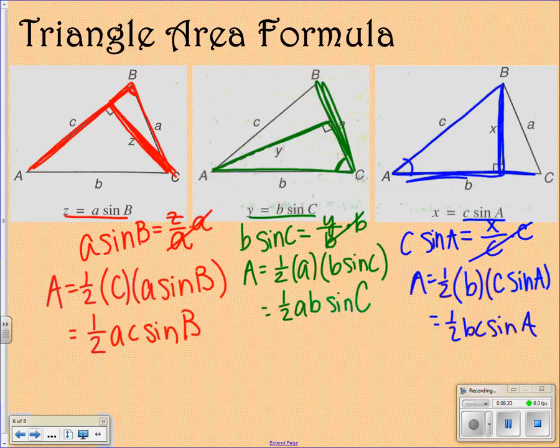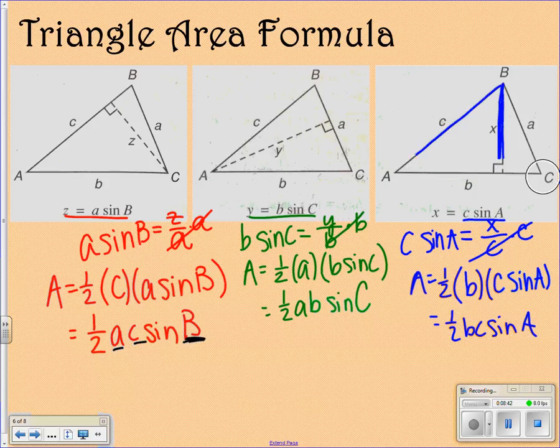And so the formula is going to be 1/2, pick 2 sides, doesn't matter, and then the sine of the angle that is in between those 2 sides. So I'm going to erase my drawings on my pictures, and I'm going to show you that again with the triangle. So 1/2 A and C, A times C, and then the sine of the angle in between them.